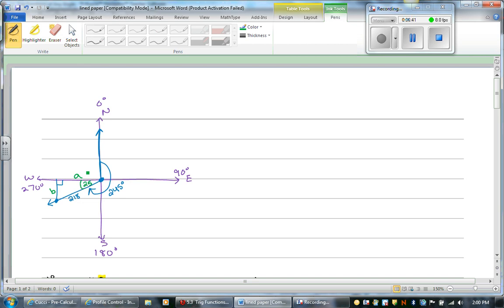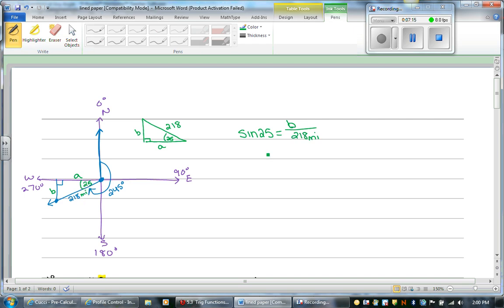I've got my triangle, and if you need to orient it so it's easier to see, you can do that. 25, B, A, and 218 is my hypotenuse. If I'm looking for B, opposite, and I have hypotenuse, I'm going to be using sine. So sine of 25 degrees is equal to my opposite, which is B, over 218 miles.